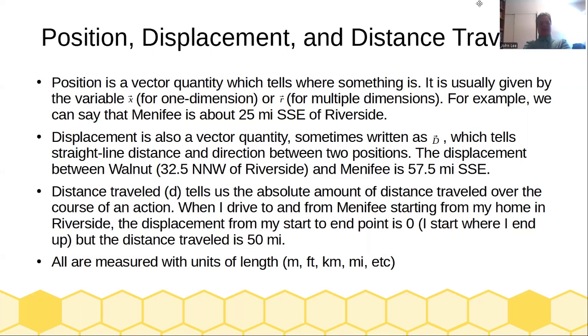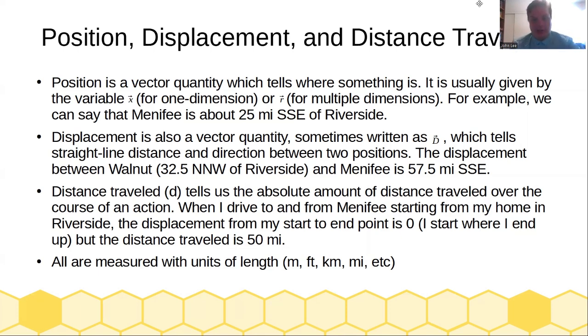And then these are contrasted with the distance traveled, which is sometimes called little d, which tells us the absolute amount of distance traveled over the course of an action. So when I drive to and from Menifee, starting from my home in Riverside, the displacement from my start to end point is 0.